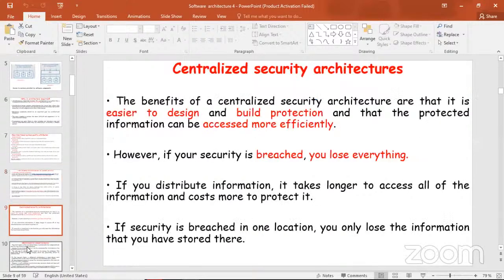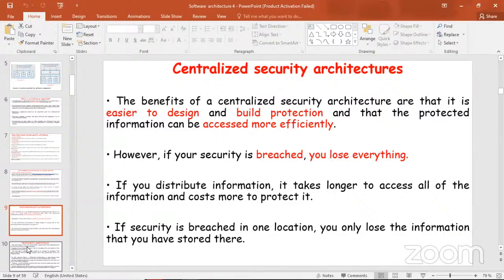So let's now look at the concept of decentralized security architecture. The benefit of a centralized security architecture are that it is easier to design and build protection, and that the protected information can be accessed more efficiently.